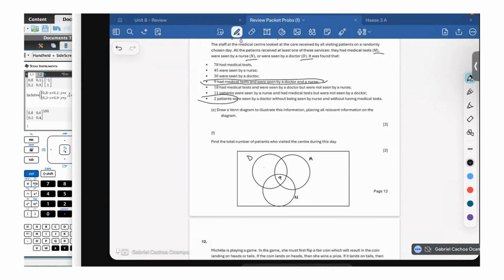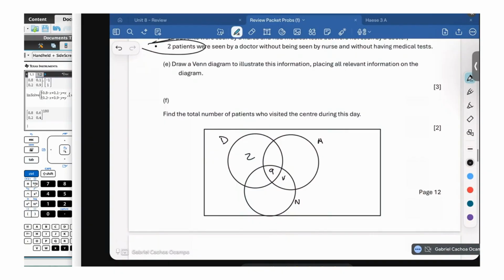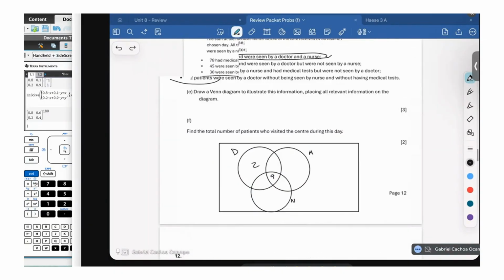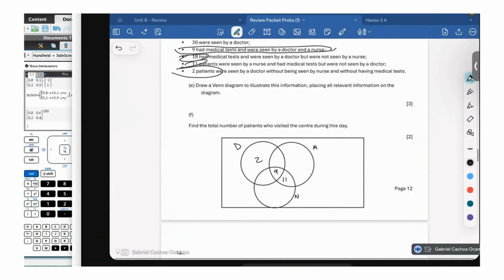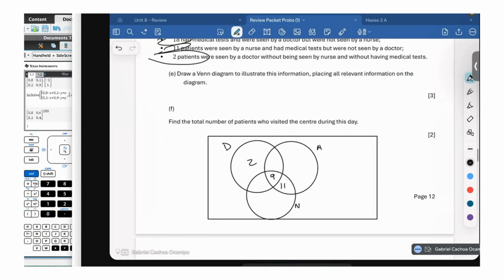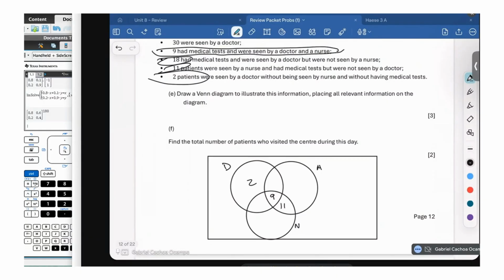So 2 patients have been seen by a doctor without being in the other sets. Then we have 11 patients that were seen by a nurse and had a medical test, but they did not see a doctor. That's an 11. Then 18 patients that had medical tests and were seen by a doctor, but were not seen by a nurse.